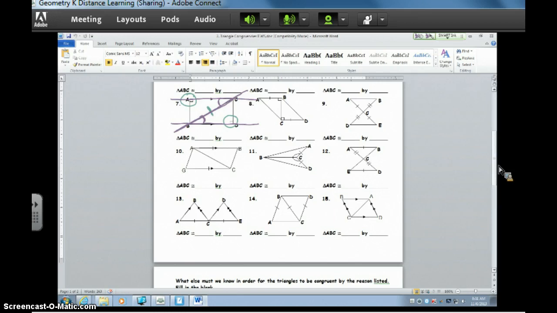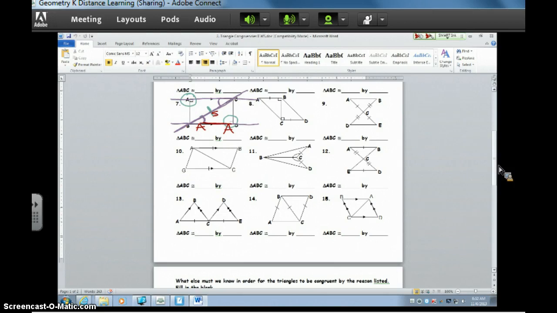And Helaman was asking, okay, well, where do we start? What order do we go in? And that's really confusing. But you don't go in a certain order. You just ask yourself, is that tick mark between the 2 angles or not between? So I've got angle, angle, and a side. Is that side between the 2 angles?